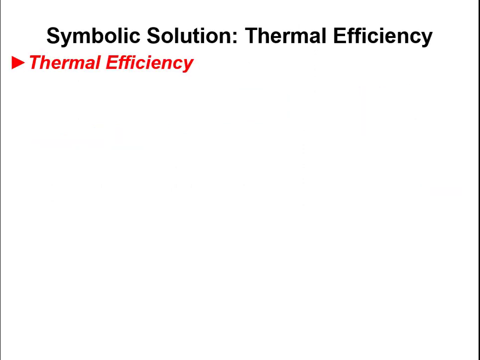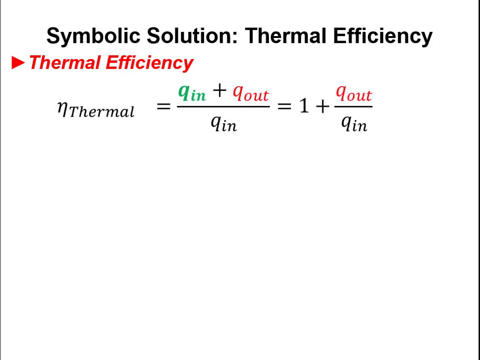I'm also asked for the thermal efficiency, so I'll find a symbolic solution for that. I know that this is Q in plus Q out, where Q out is negative, divided by Q in, or 1 plus Q out, which is negative, divided by Q in. I know that Q out is equal to U1 minus U4, and Q in I've already calculated as H3 minus H2.